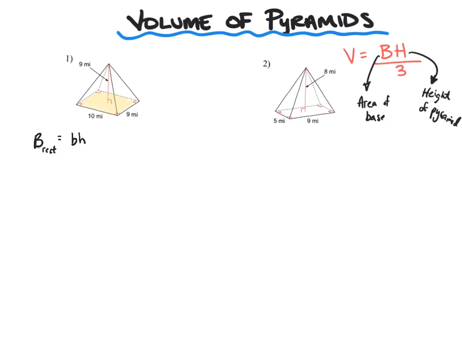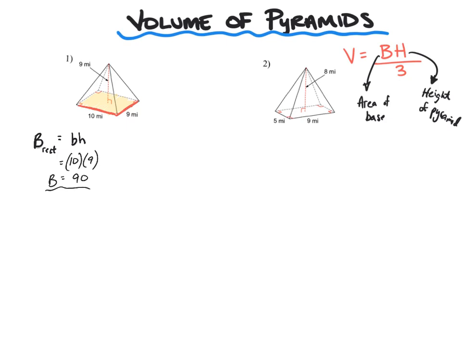Inside that yellow shaded rectangle, the base and the height, which run perpendicular to each other, are 10 and 9. So the area of my rectangle is 90 square miles. So my big B is 90.